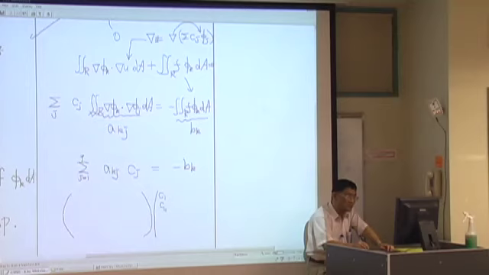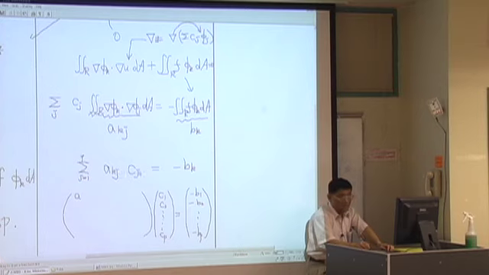C1, C2, up to CP equals B1, B2, up to BP. And this matrix has K and J indices, right?